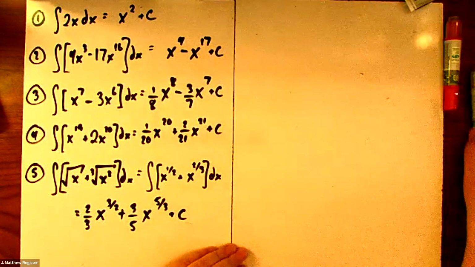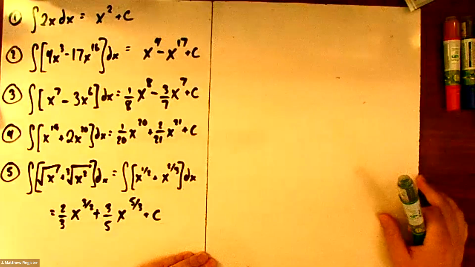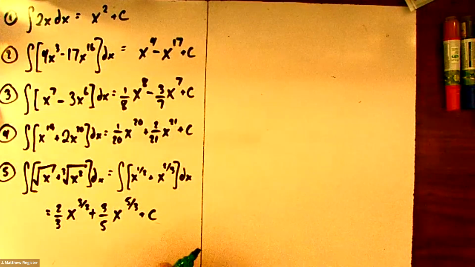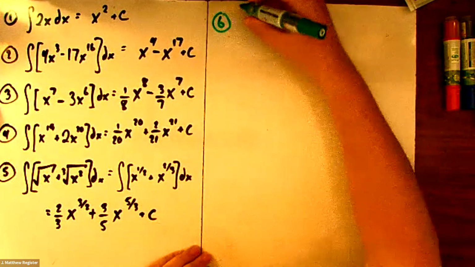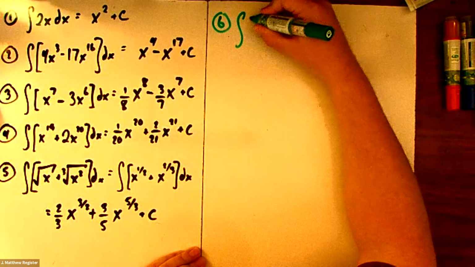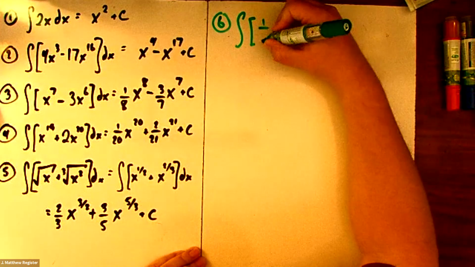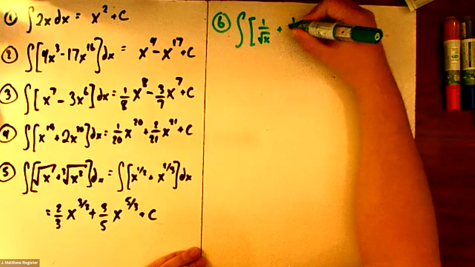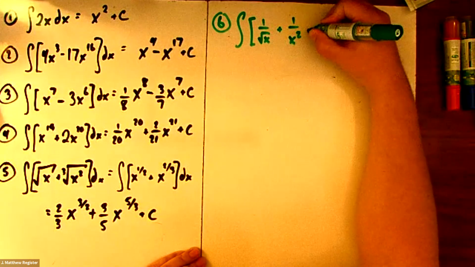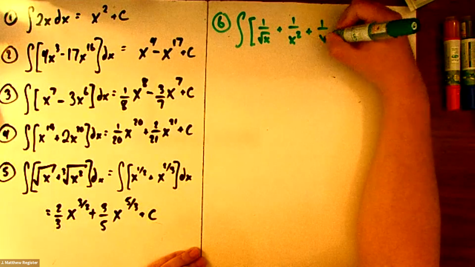So all of these have been using the same power rule, which is kind of nice. The next one, well, it's a little bit trickier. And so for 6, the integral of 1 over square root of x plus 1 over x squared plus 1 over x.